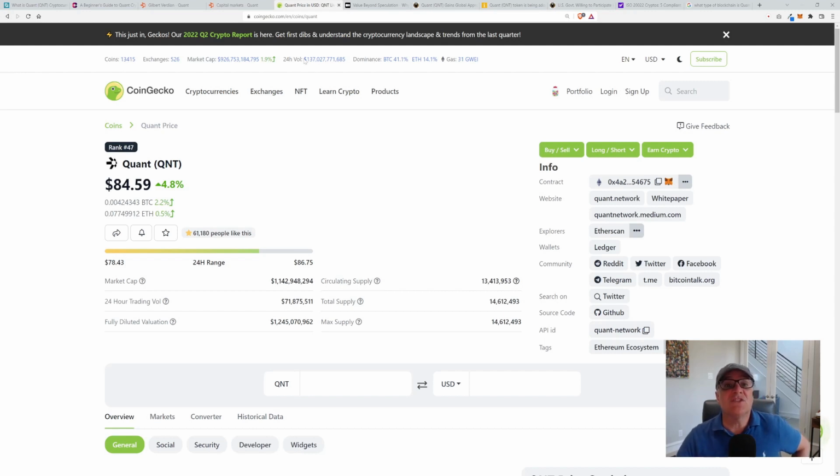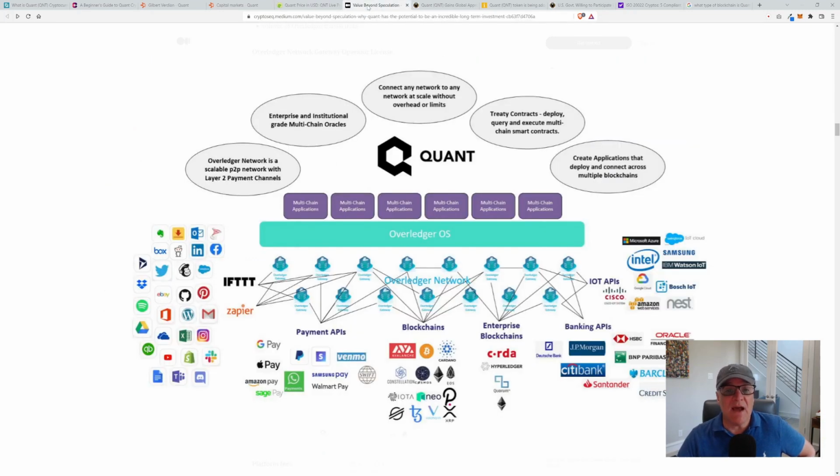Now, guys, I want to show you something over here. Take a look at this ecosystem. So Quant has this network where it's moving at scale without any overhead limits, because remember, it's not actually blockchain. It is a layer in which blockchains can interoperably communicate with one another. And you just take a look over here at all the various apps that are already brought into the Overledger operating system.